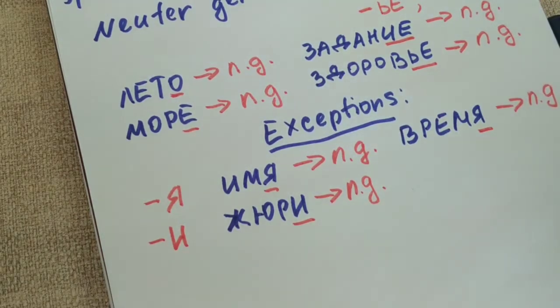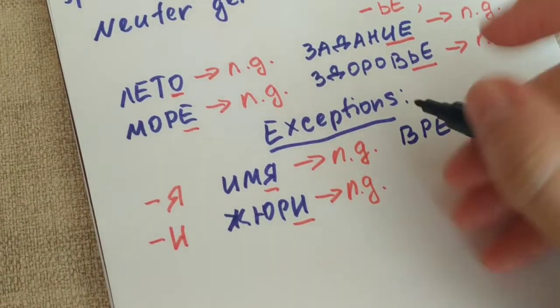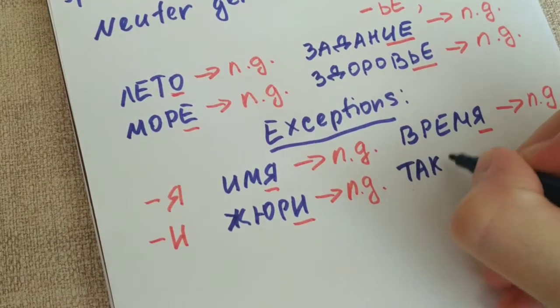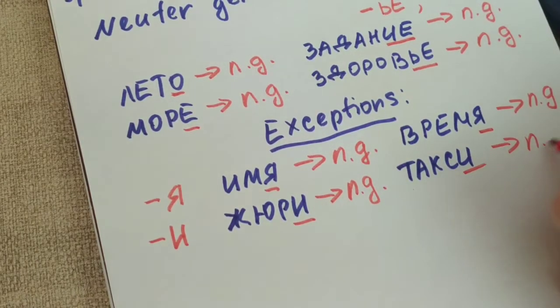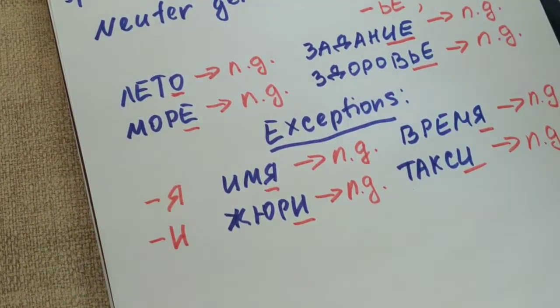Again, you have to remember that. Another example ending in e is taxi, meaning taxi, and it is of a neuter gender.